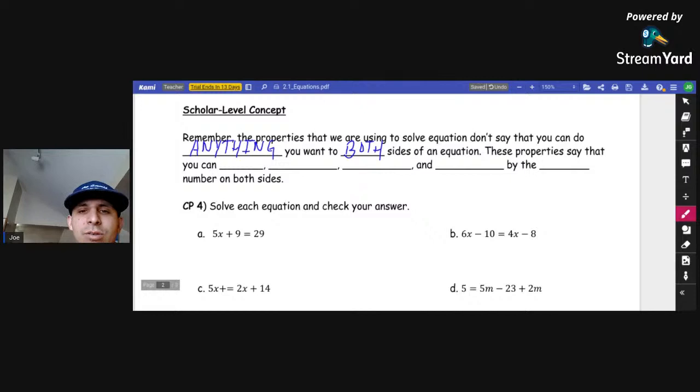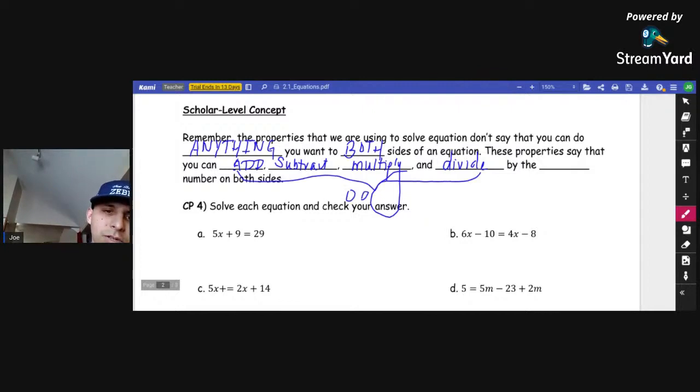These properties say that you can, yep, you got it, add, subtract, multiply, and divide. These are the operations.